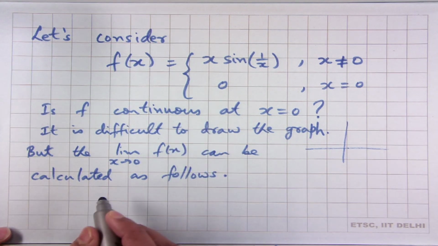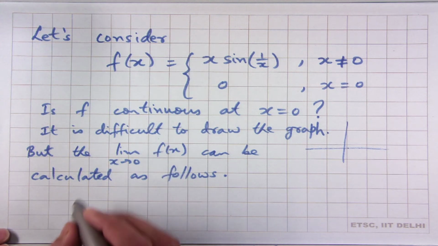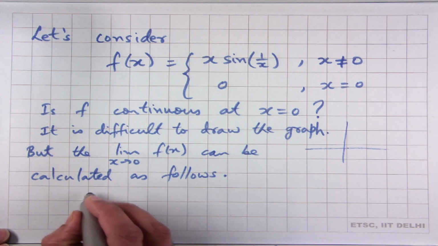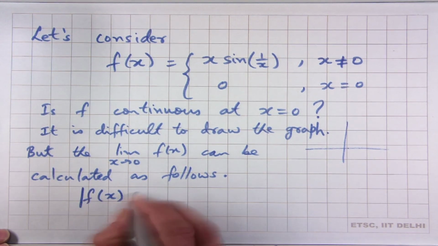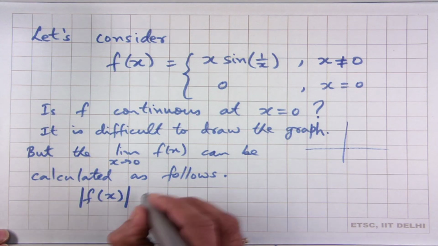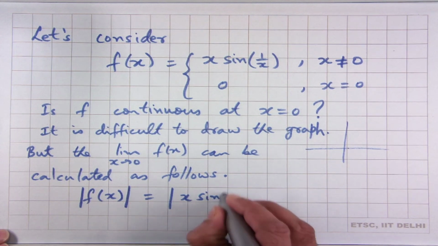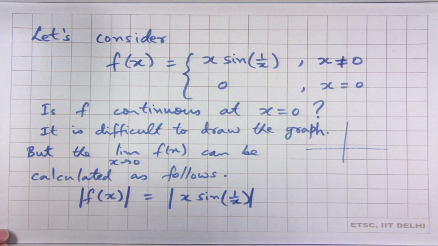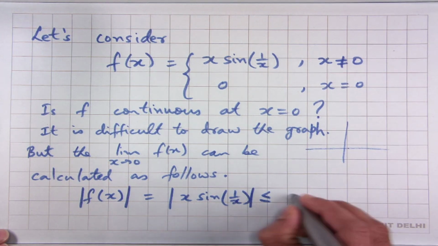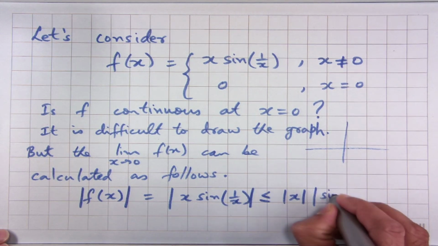So, how do I show that the limit exists? If you look at f of x, let us look at what is mod f of x. This is equal to mod of x times sine of 1 by x, which is less than or equal to mod x times mod sine 1 by x.